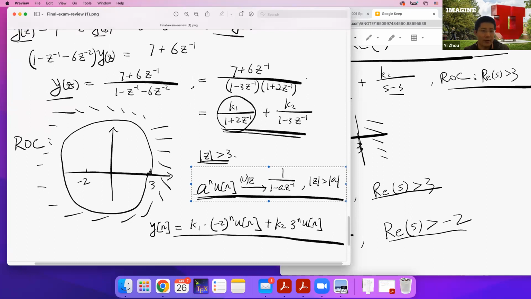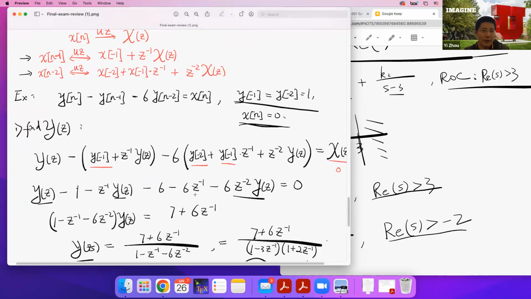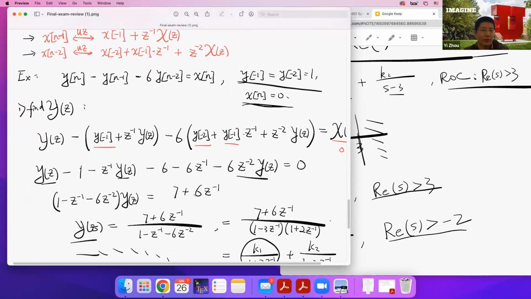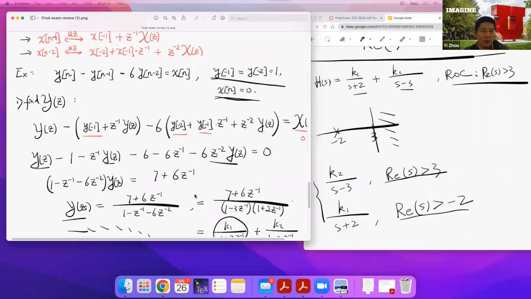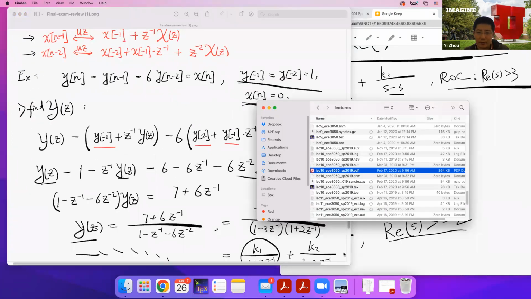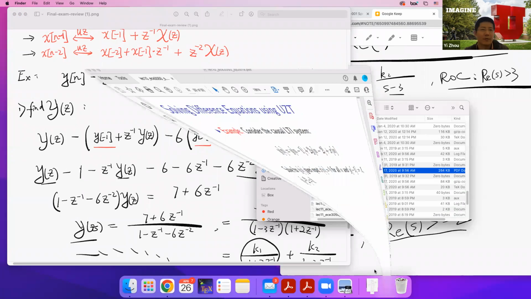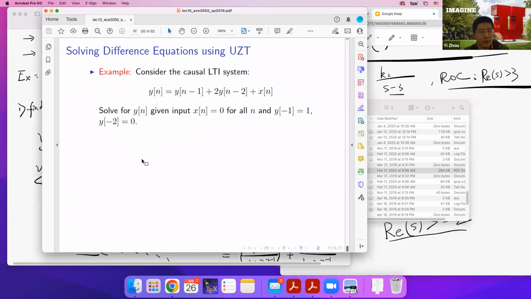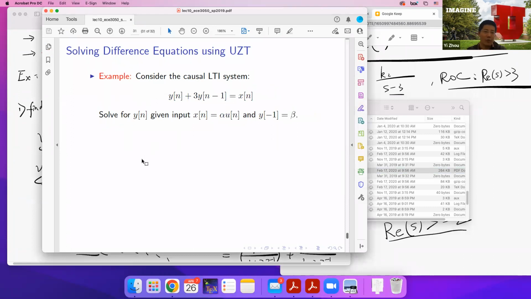Okay, so this is about the unilateral Z transform. Then you can go back to the slides. We'll go back to the last 2 slides of lecture 10, which are very similar examples.